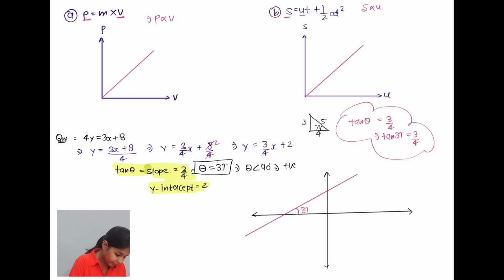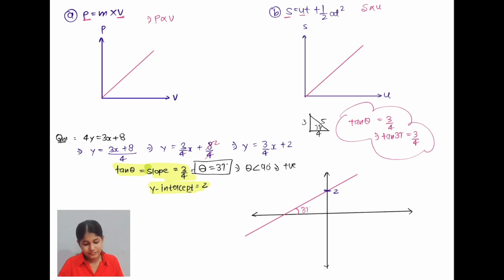Yes, and one more important thing, we have forgotten to write the y-intercept. What is the value of the y-intercept here? It is 2. So I just have to write here that it is intersecting the y-axis at 2 unit.